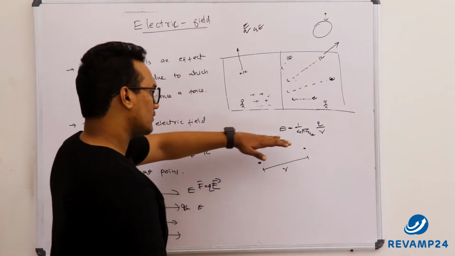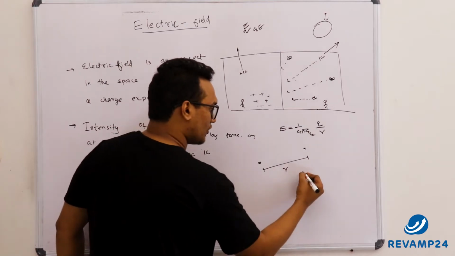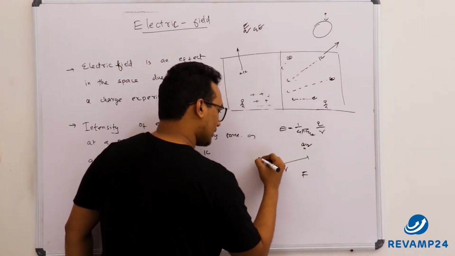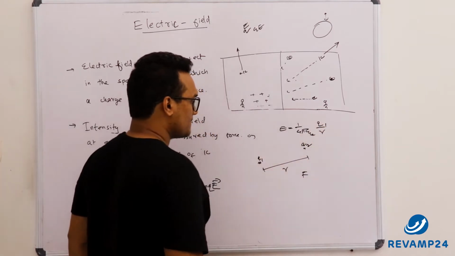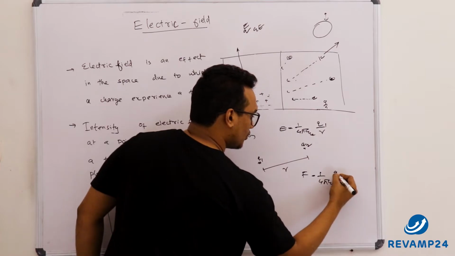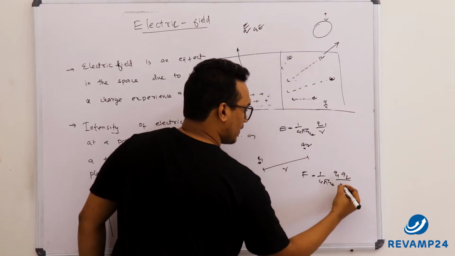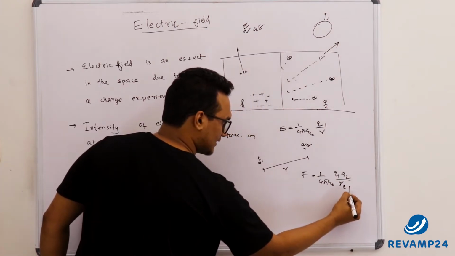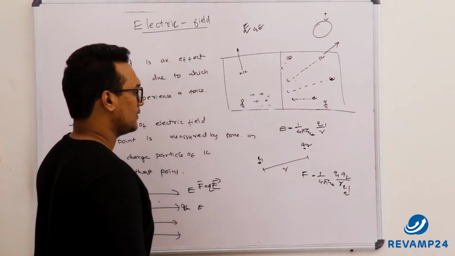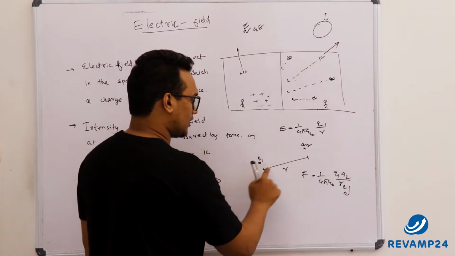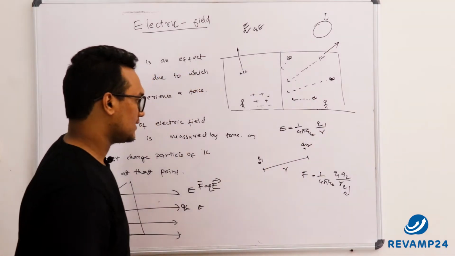Okay, now this is the equation for electric field. Now the equation for force, if I am keeping a charge of Q2 here and this is Q1, then the force between them is 1 by 4 pi epsilon 0 Q1 Q2 divided by R21 square, because it is the force exerted by 1 on 2, yes.